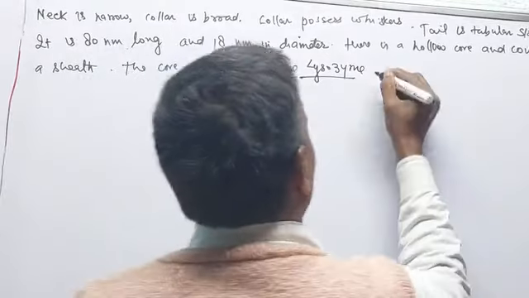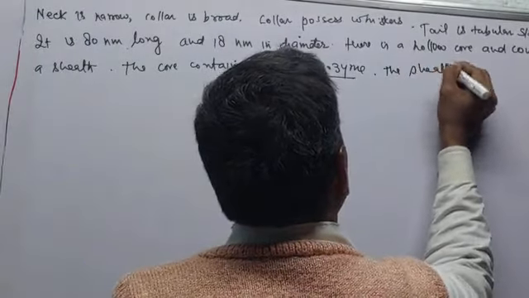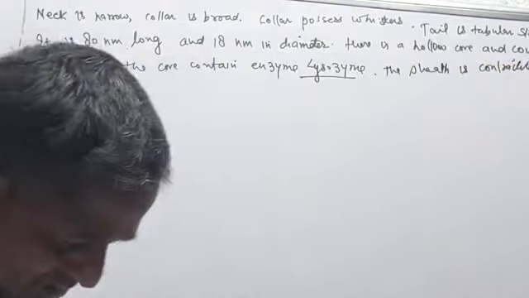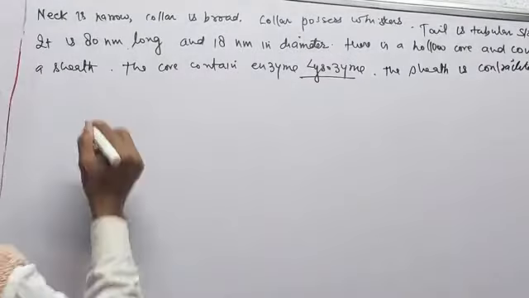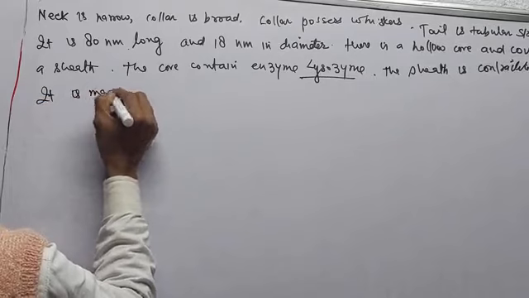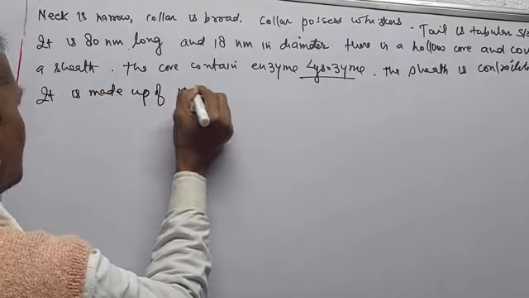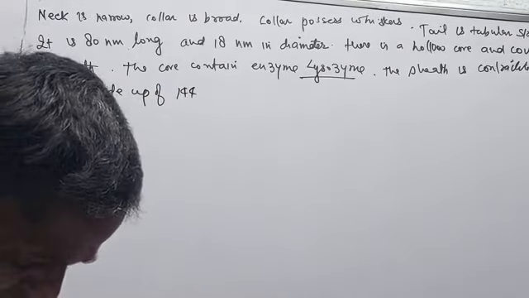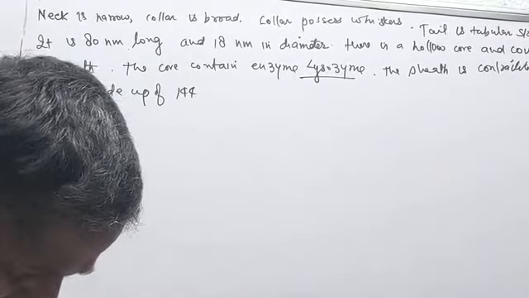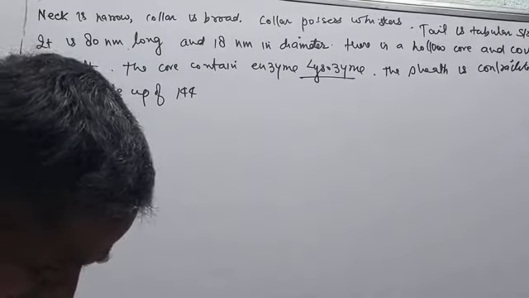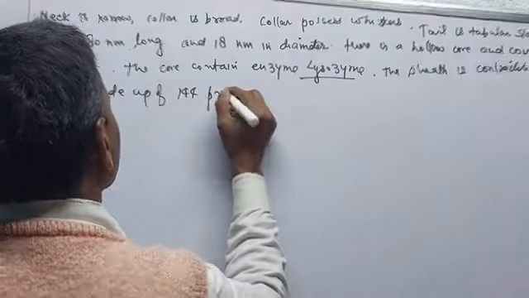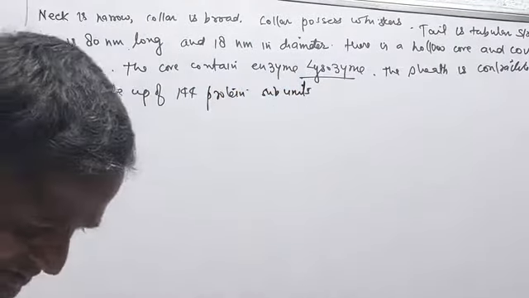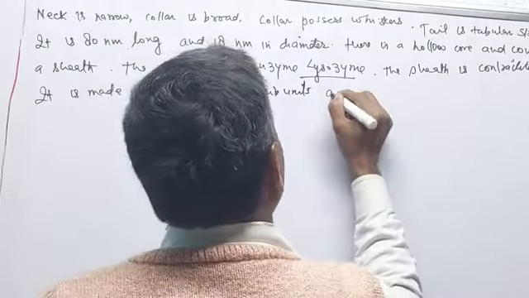The sheath is contractile. It is made up of 144 protein subunits arranged in 24 rings.